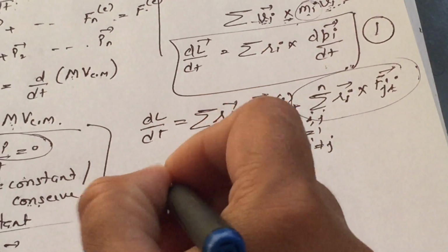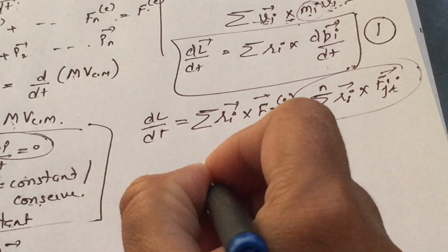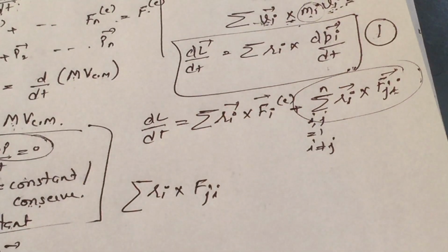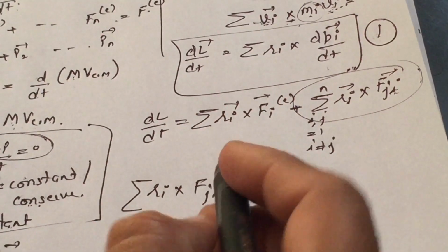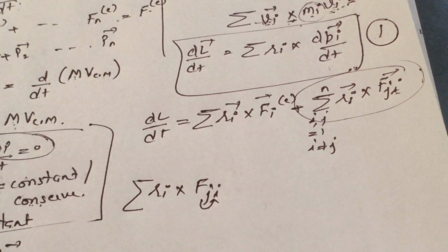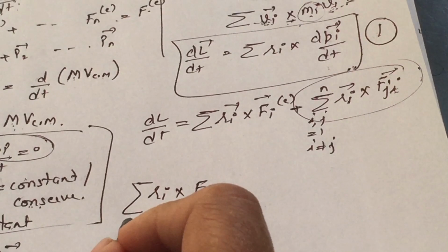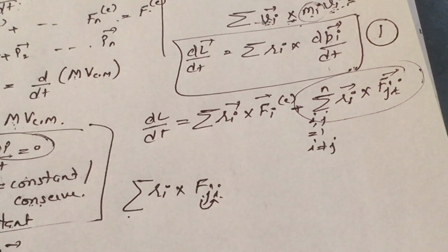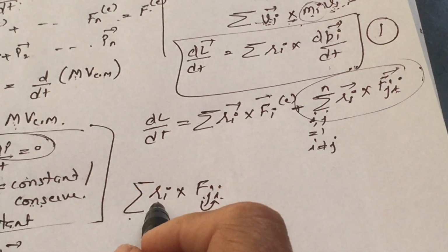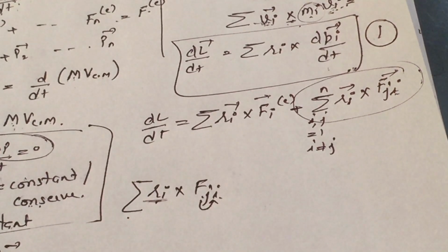This value ri cross Fji represents the jth particle applying a force on the ith particle, and if we sum over both j and i, we can obtain all types of forces, and here all the radial vectors.